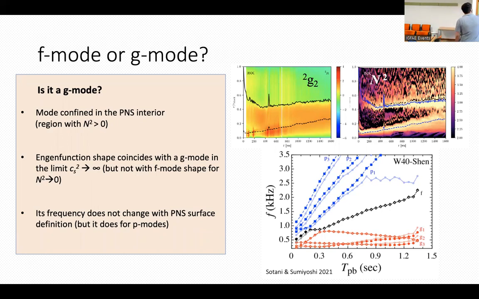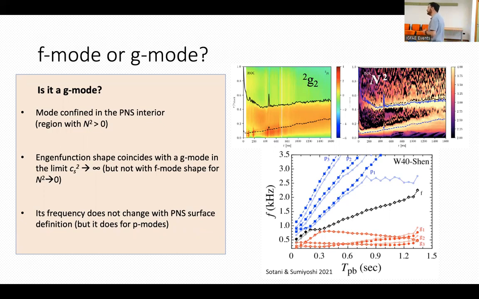Also, if you compute the Brunt-Väisälä frequency and the mode here, you see that the region in white is where the Brunt-Väisälä frequency is bigger, and it corresponds to the interior of the proto-neutron star. So the evolution corresponds to the Brunt-Väisälä frequency. We are not 100% sure, but we are very sure that this mode is a G mode and not a P mode.